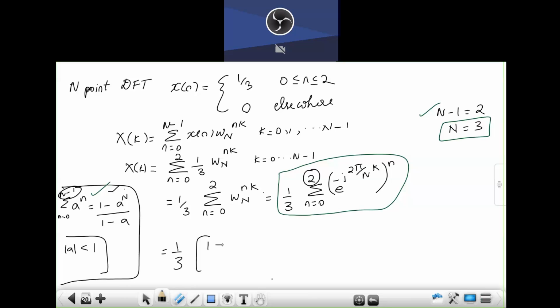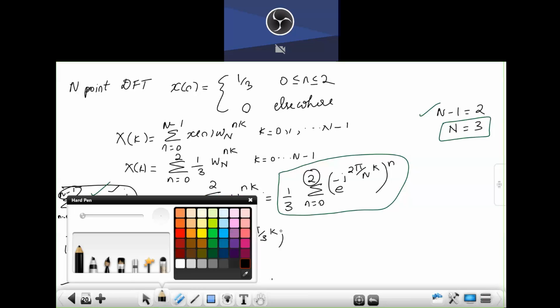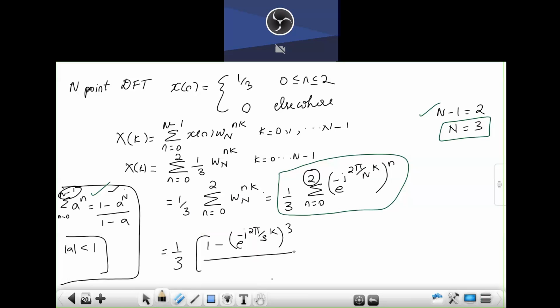A is nothing but e power minus j 2 pi by 3, capital N is 3, right? 2 pi by 3 into k, whole thing to the power n. N is again 3, so instead of writing n, you can write 3 here, divided by 1 minus e power minus j 2 pi by 3 k.